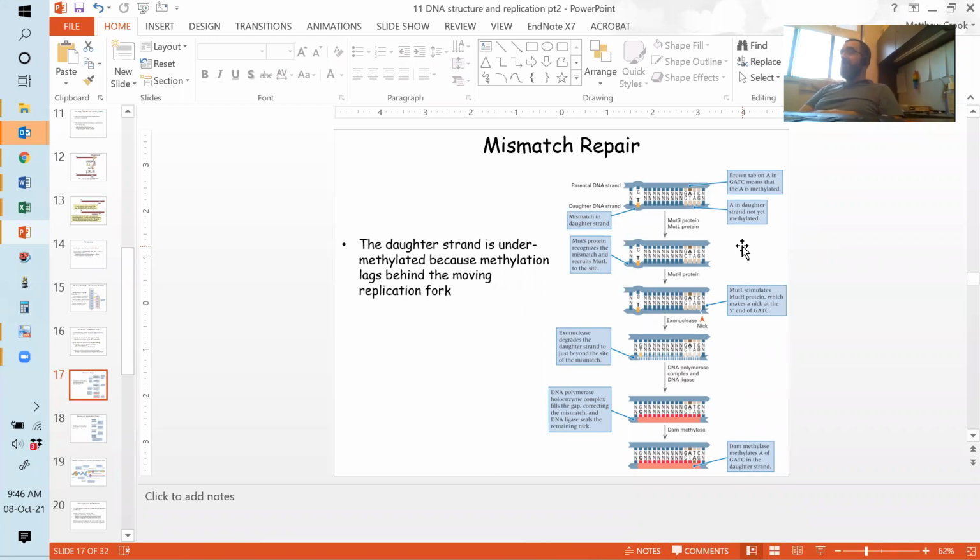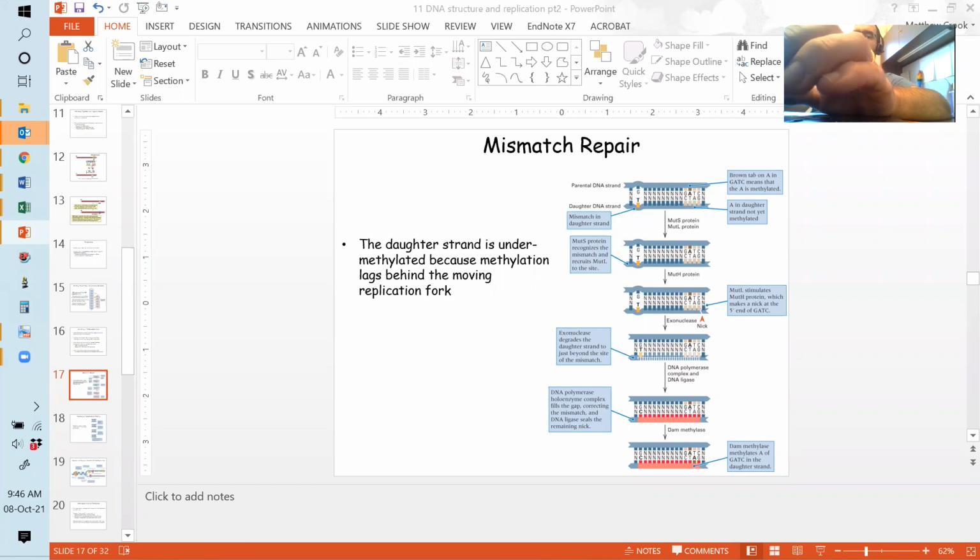We have to detect and fix that error before the new freshly made DNA ends up looking like the old template DNA, right? And this is a cool thing which we'll talk about a bunch when we talk about epigenetics. DNA is methylated on C's or A's.